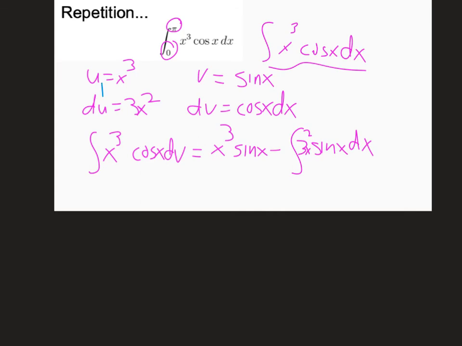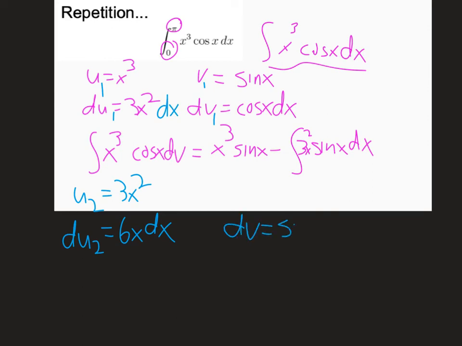So maybe I'll call that u1, v1. u2, good name for a band, would be 3x squared, and then du2 is 6x dx. I didn't put a dx there, I'm sorry. And then your dv is sine x dx, and your v is cosine x, but wait, it's got to be negative.